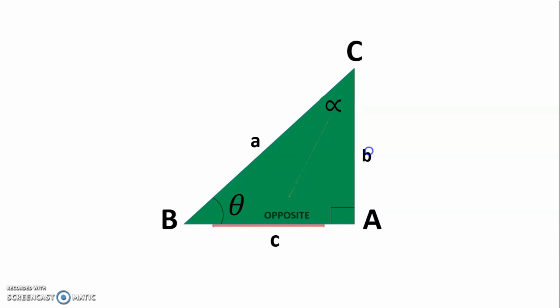The side where the angle under consideration is facing is called our opposite. Please take note of that. Irrespective of where the angle under consideration is, where it is facing is called the opposite. And our opposite, according to this diagram, is small letter c.